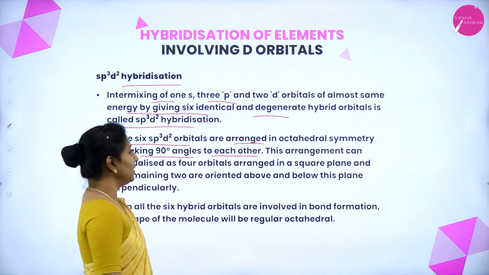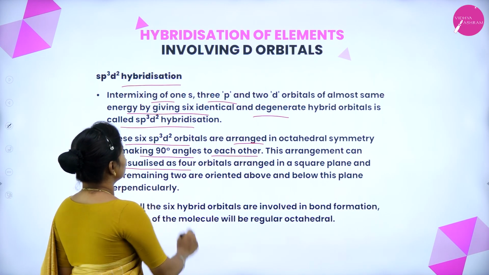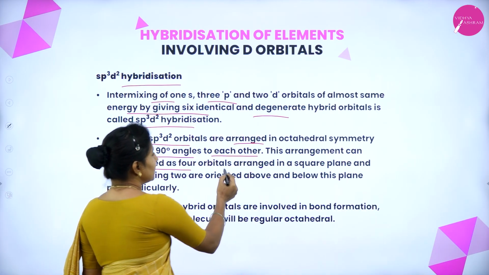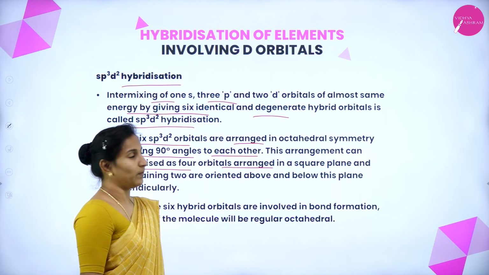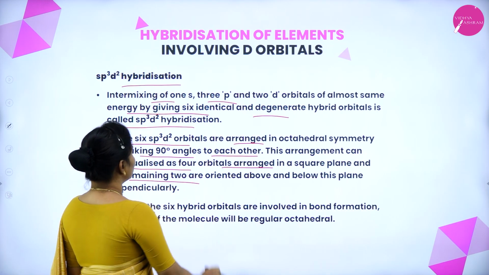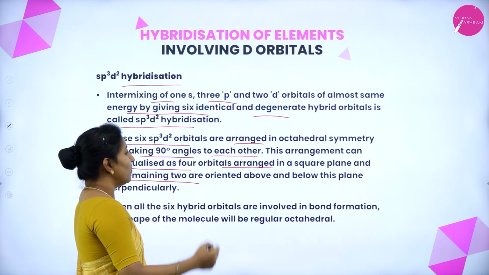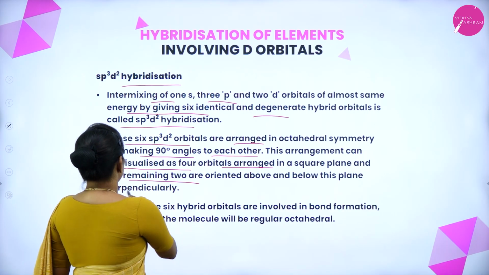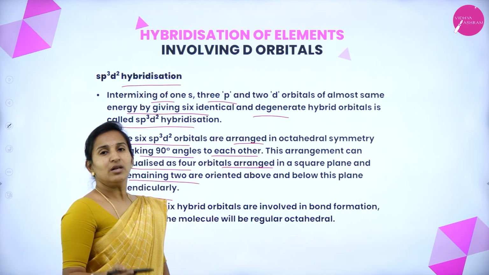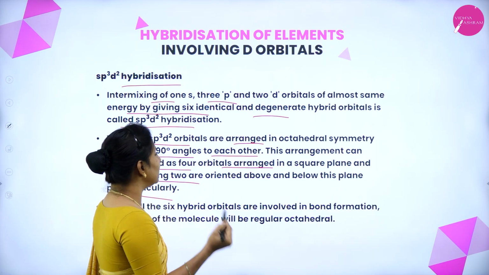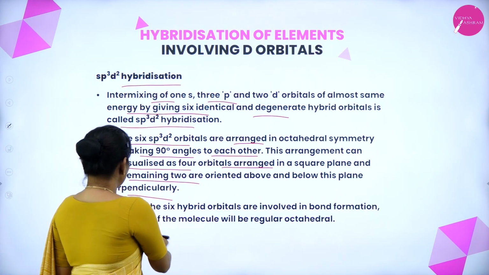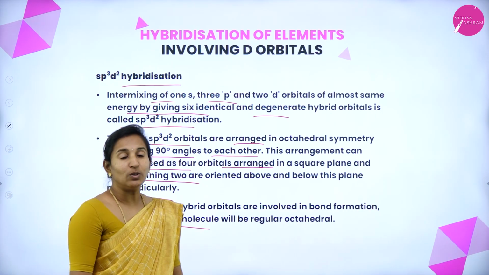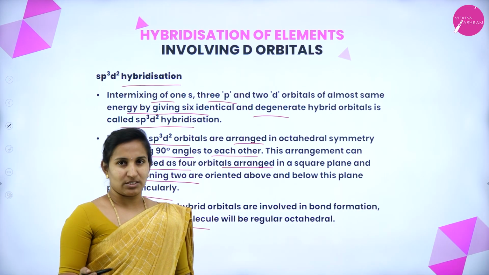This arrangement can be visualized as four orbitals arranged in a square plane, and the remaining two are oriented above and below this plane perpendicularly. When all six hybridized orbitals are involved in bond formation, the shape of the molecule is regular octahedral.